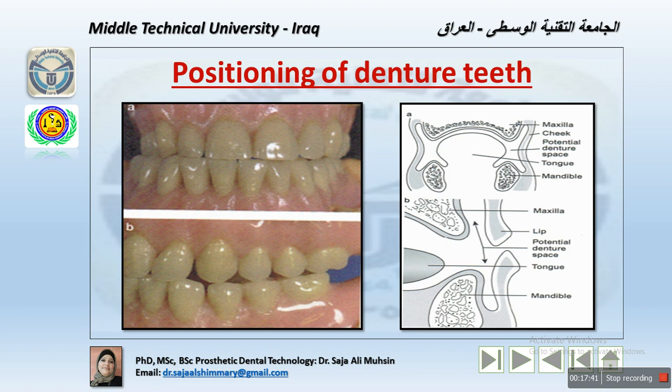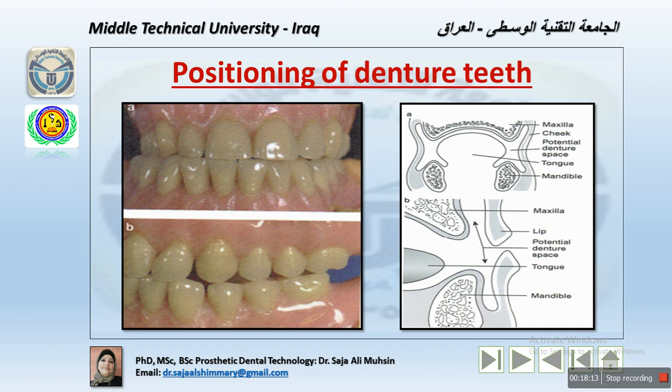Each scheme uses the anatomical landmarks described above to determine the position of the teeth. What we are going to discuss now, as we said, is the importance of positioning the teeth in the neutral zone for a stable denture.